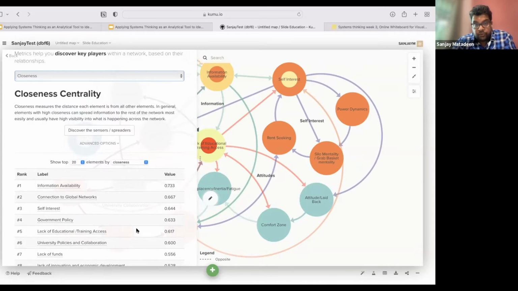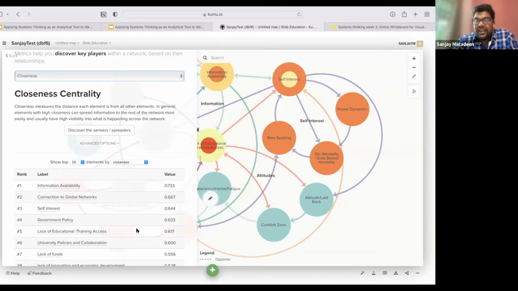But from what we saw, information availability and connection to global networks are important. And I think that is what Debbie is trying to address with Catalyst as well, as one of the action points of Catalyst. So it seems interesting that the diagram also shows that this is something we have to look into. So take it with a pinch of salt.